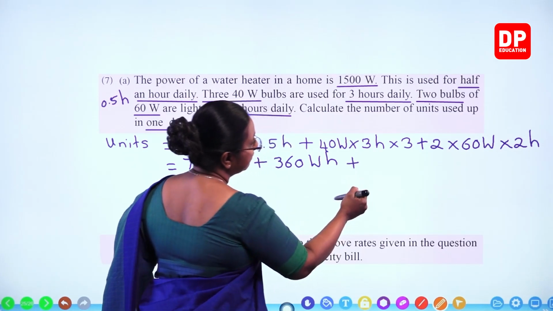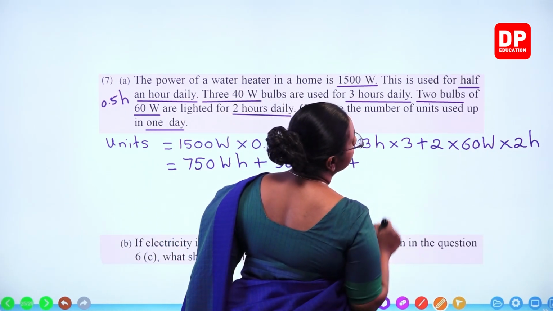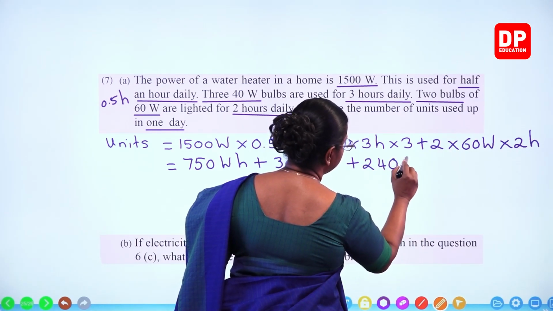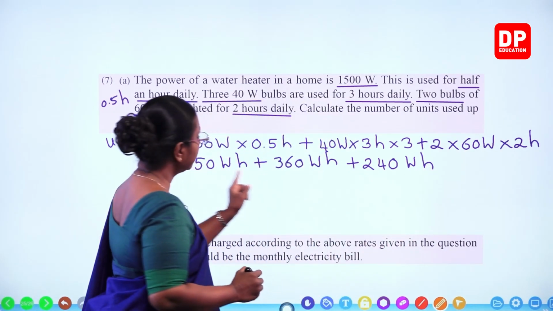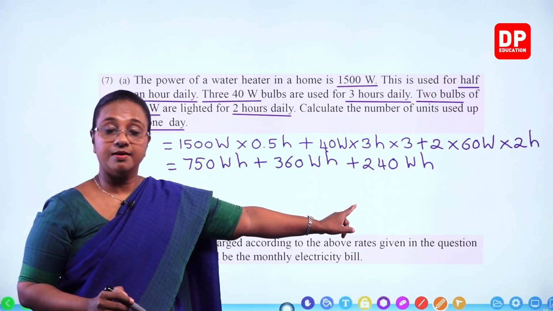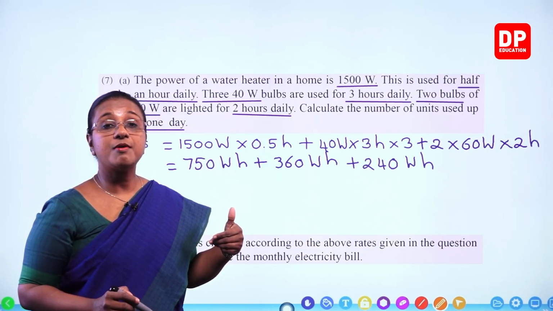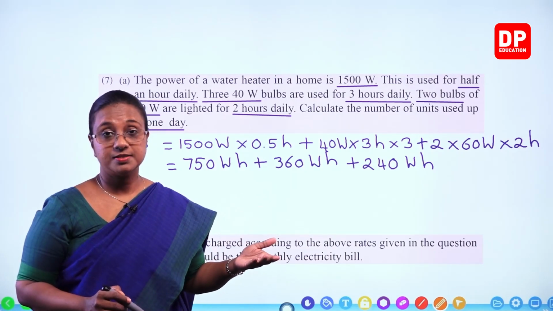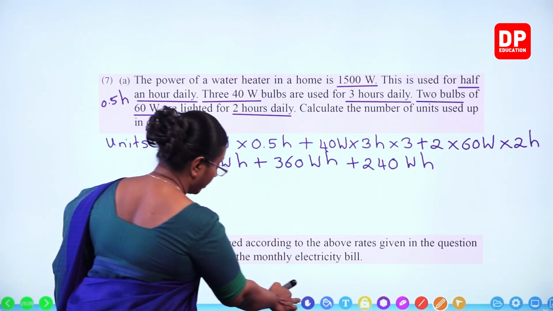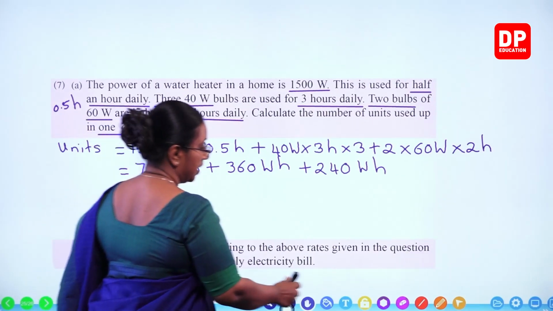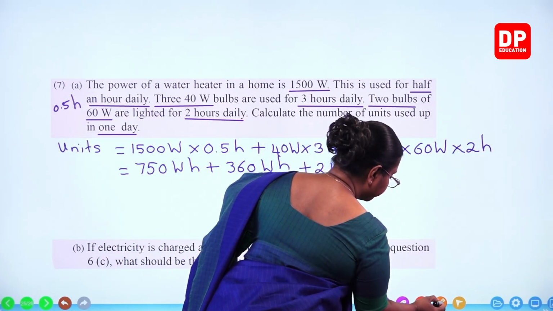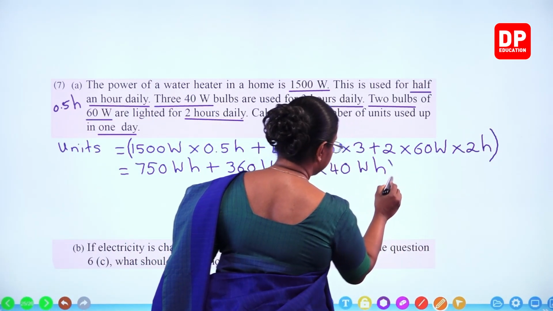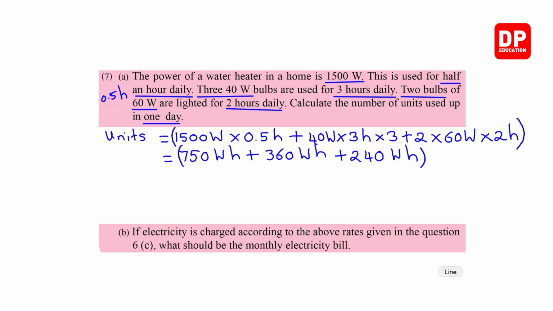Then we have 2 bulbs for 2 hours, that is 4 into 60, 240 watt hours. Now here you have got the answer in watt hours. But if you need the number of units, you need to have it in kilowatt hours. So to convert this to kilowatt hours, we have to divide this by 1000.